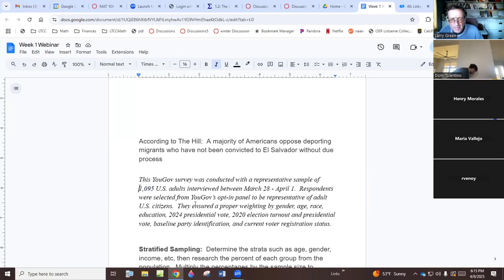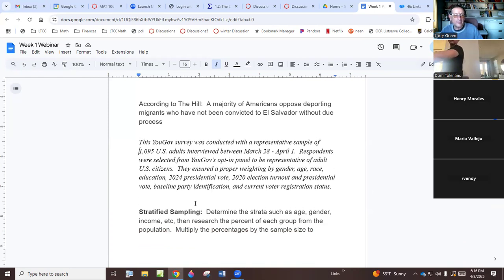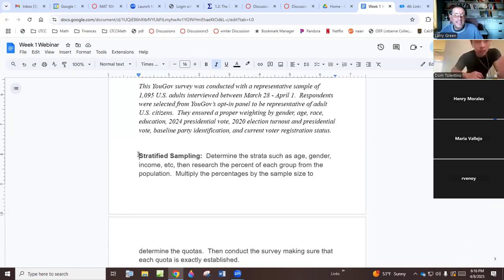Okay, so let me talk about what they did, and I want to go into the details in general. When you select gender or age or race or education, any of those different things, and make sure there's no bias based on them, the way you do it is the following. First thing is the name of that technique is called stratified sampling.